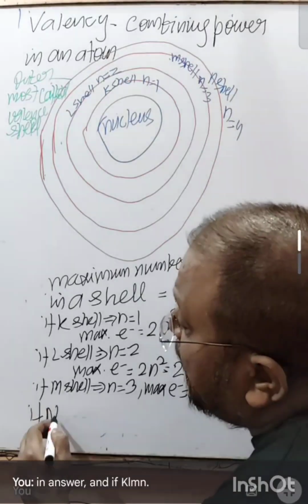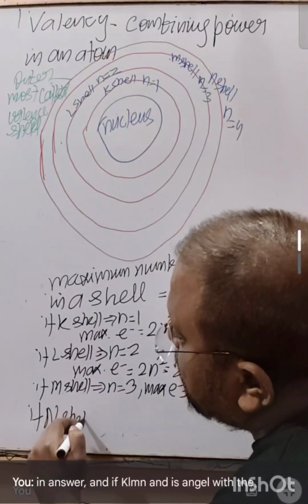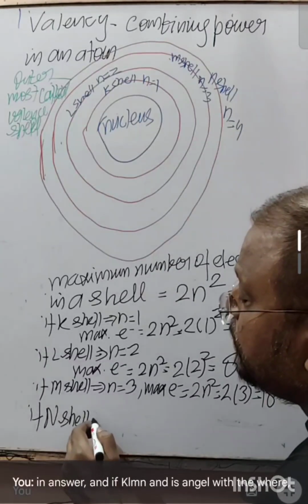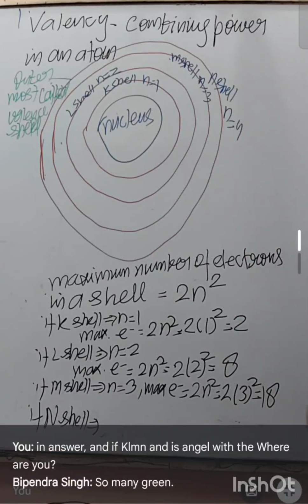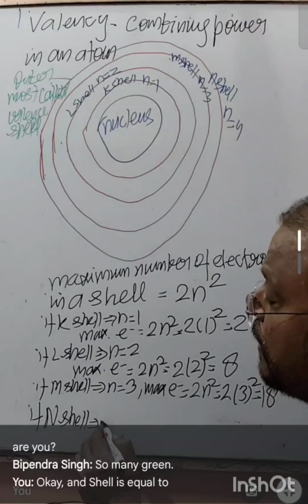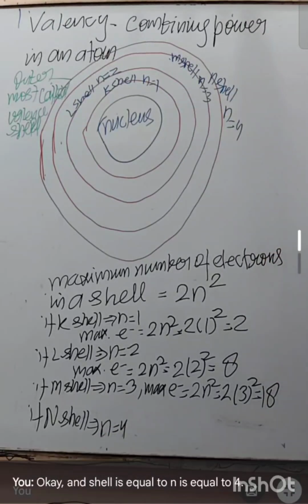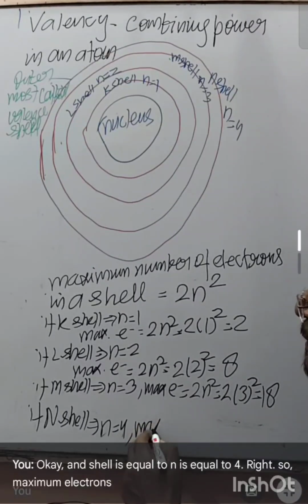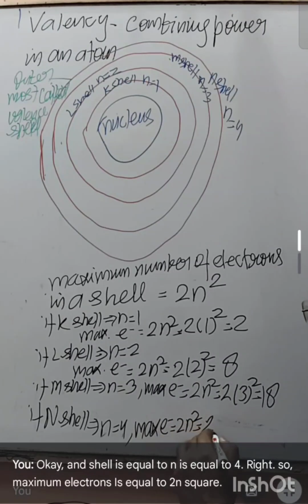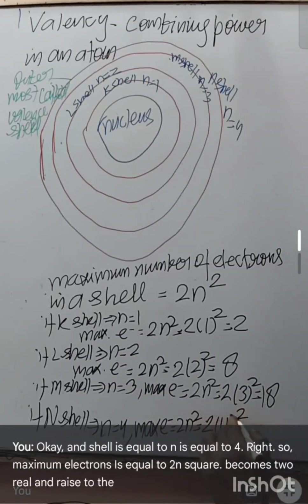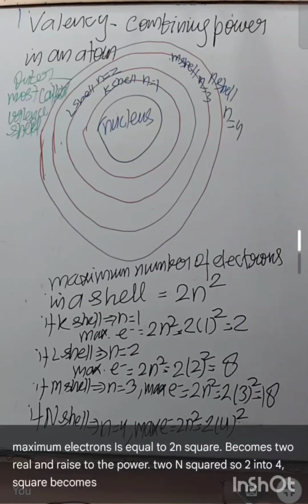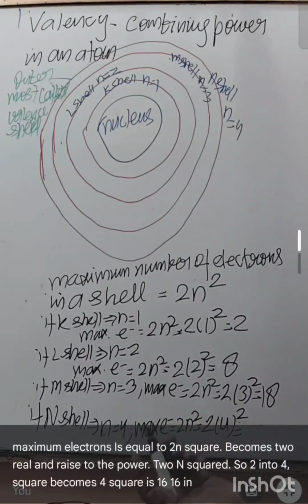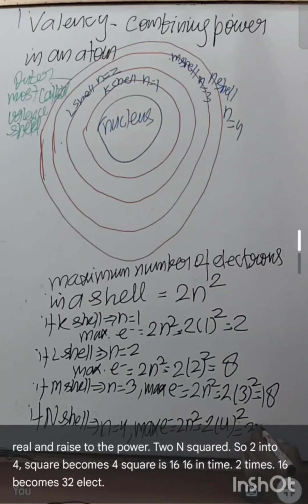And if N shell, N shell is n equal to 4, right? So maximum electrons is 2n square, so 2 into 4 squared. 4 squared is 16, 2 times 16 becomes 32 electrons.